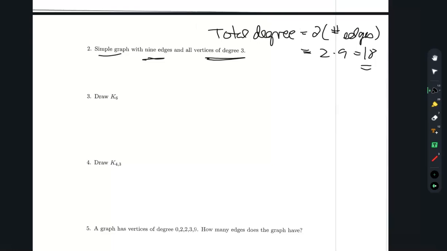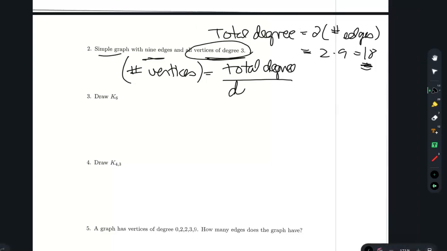So the total degree of the graph is 18, and the number of vertices equals the total degree divided by the degree of each vertex.